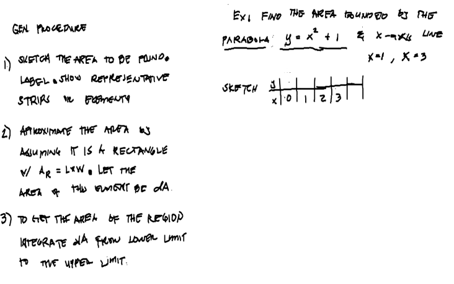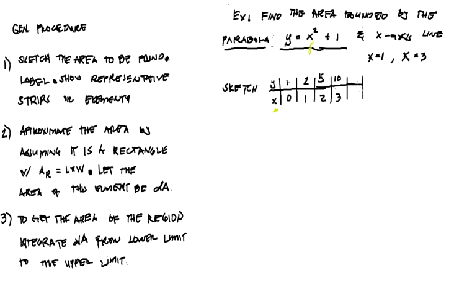Okay, so if x is 0, then our y is equal to 1, right? If our x is equal to 1, 1 squared plus 1, our y is equal to 2. If x is equal to 2, then we have 2 squared, 4 plus 1, we have 5. If x is equal to 3, we have 3 squared, 9 plus 1, we have 10.